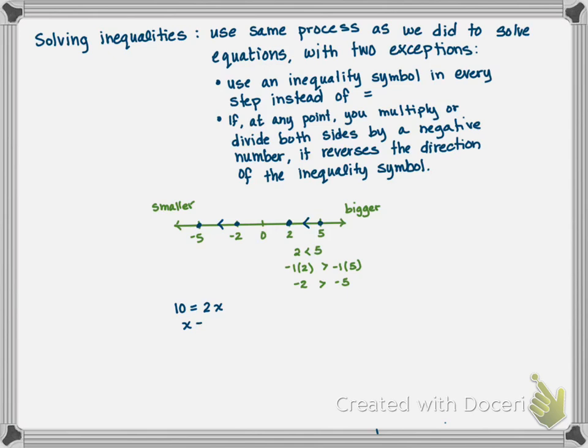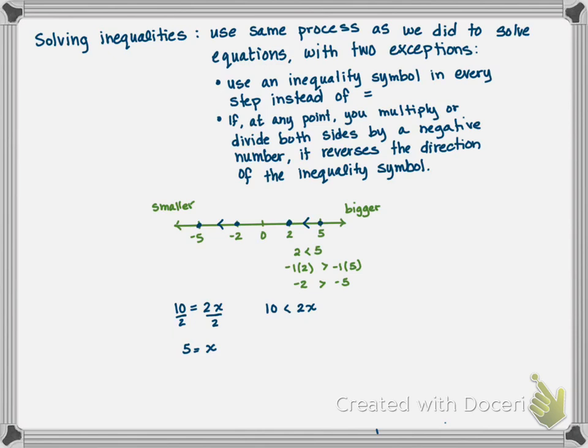When in reality, what we did was divide both sides by 2, and that would give us x on the right and 5 on the left. But with equations, it's totally fine to just say, oh, that means x equals 5. The same isn't true with inequalities. If I have 10 is less than 2x, we can't just say, oh, I like my x to be on the left and switch sides the same way we can with equations, because the side that it's on makes all the difference in terms of which is bigger and which is smaller.